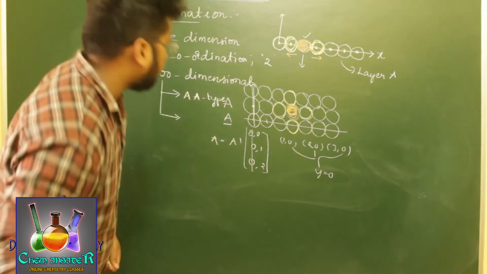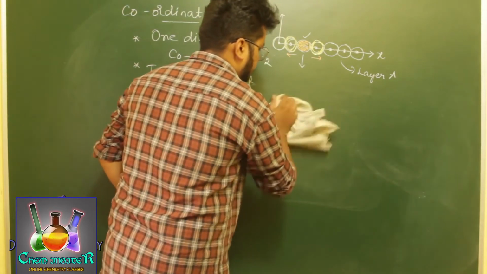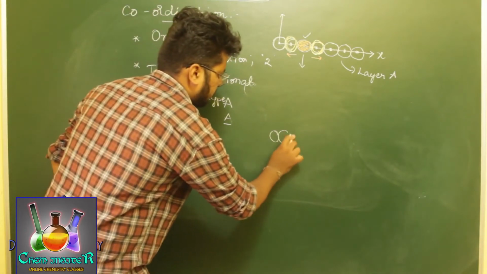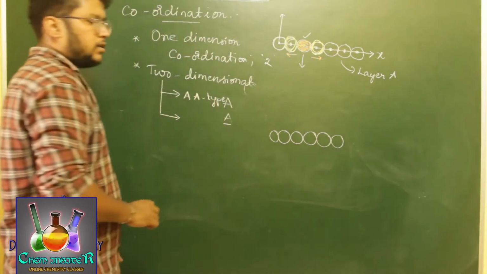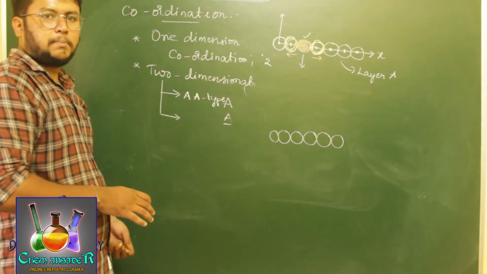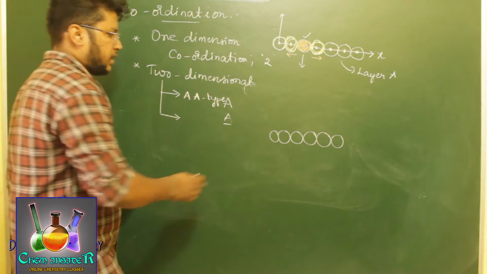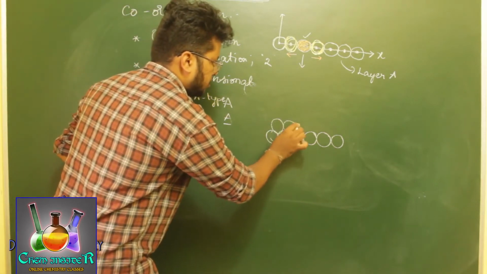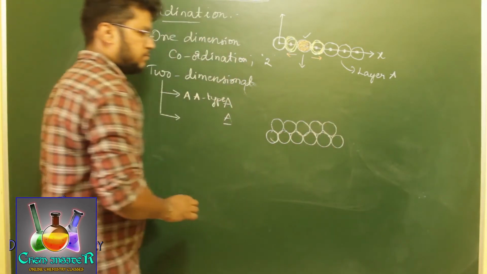So now for the other one, if you take the layer A, as we have discussed in the 1 dimensional topic, let us say this is our layer A. If you stack this layer A with one more layer similar to A, but moved a bit to the right side or a bit to the left side, stacking them like this, similar to what we used to draw grapes, right?